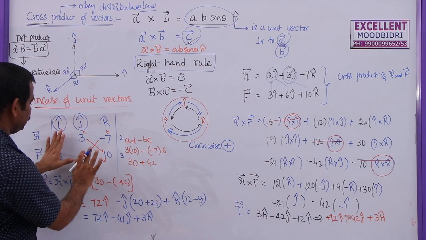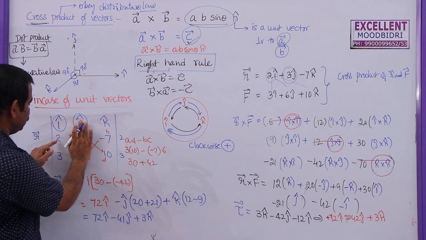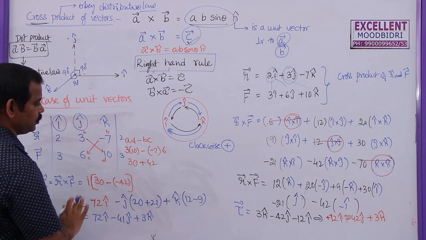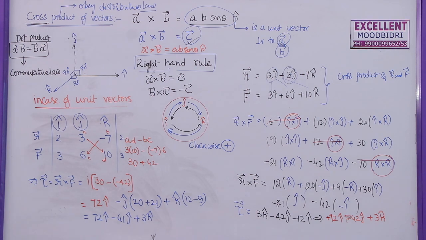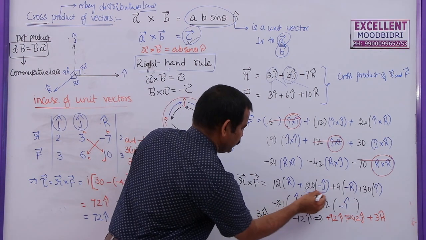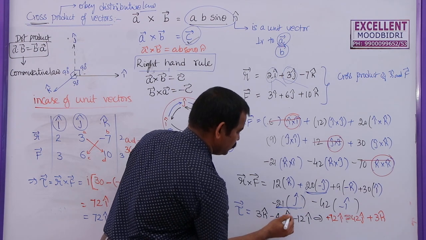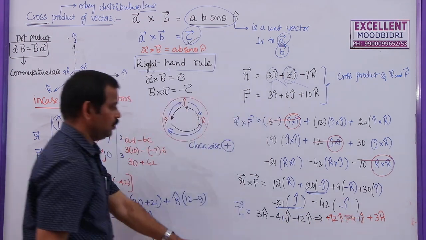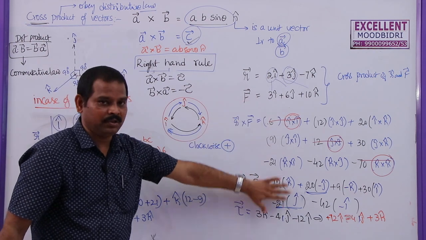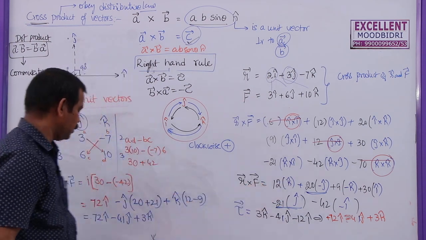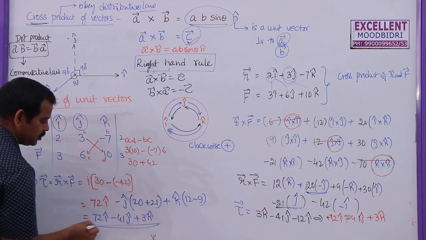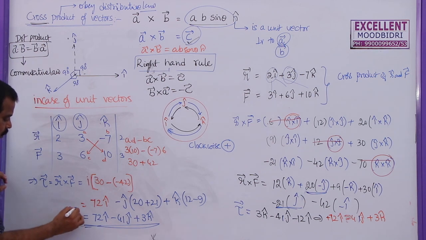Let me check it. This is 20 minus j, 21 minus j will be 41j. So you can see here it is a lengthy process and you may make mistakes here. But here this is the easiest method and this is the torque equation.